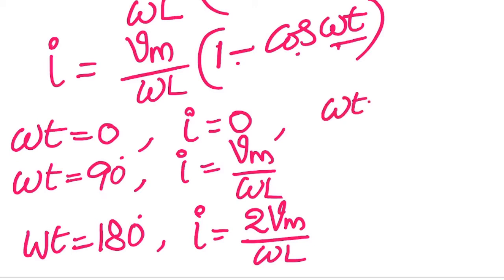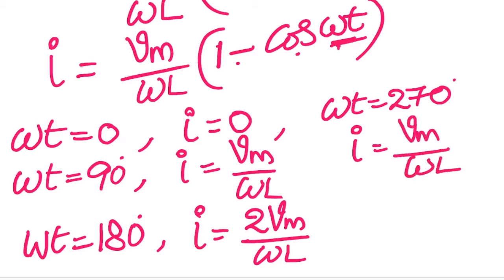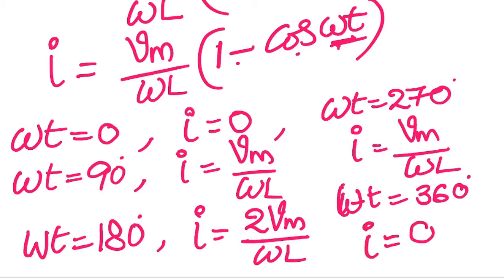If I take omega t equal to 270, cos 270 is 0, so the value becomes Vm by omega L. If omega t is 360 degrees, cos 360 is 1, and 1 minus 1 is 0. Here we are taking only 5 instants.